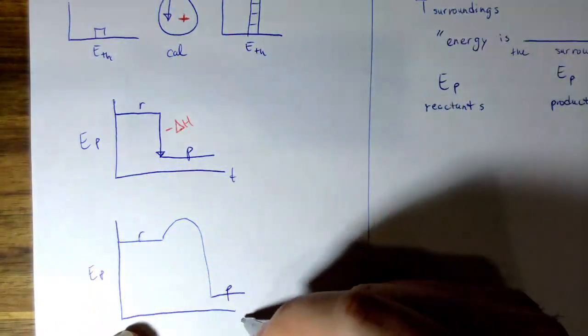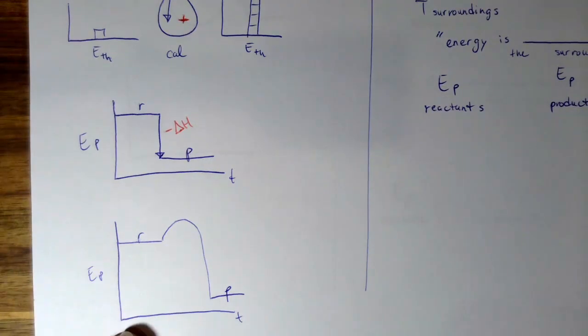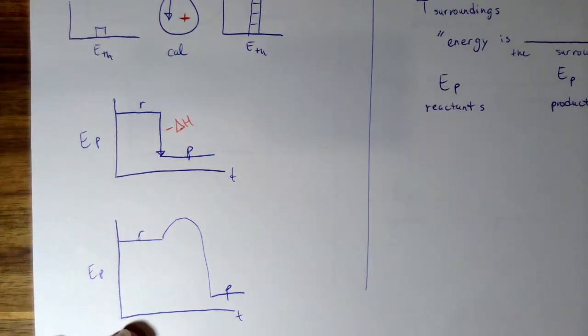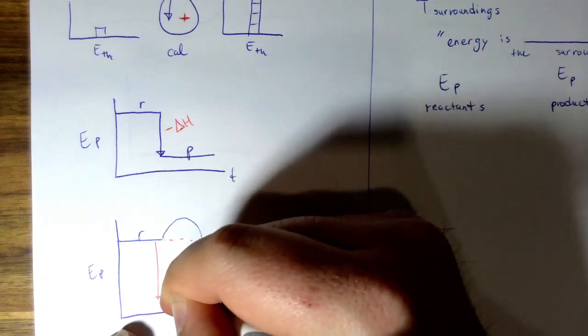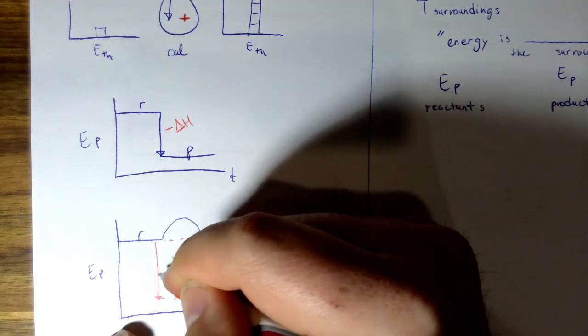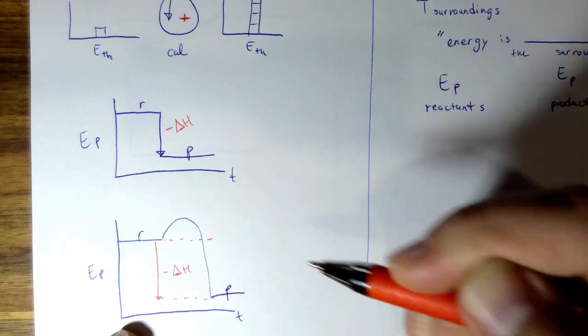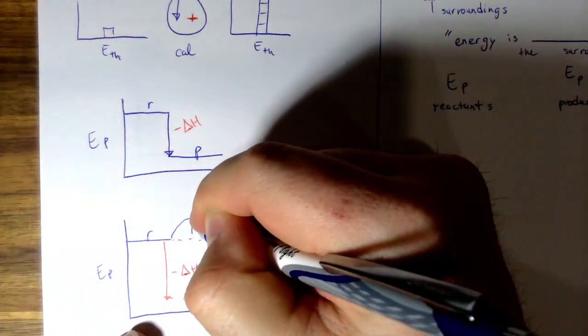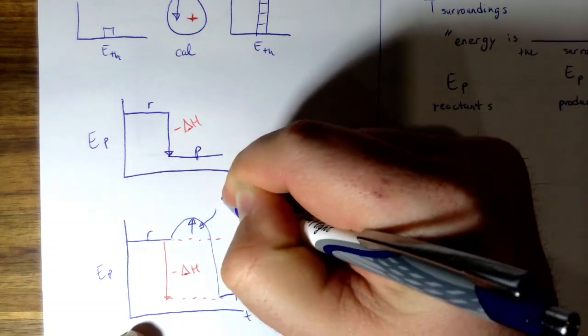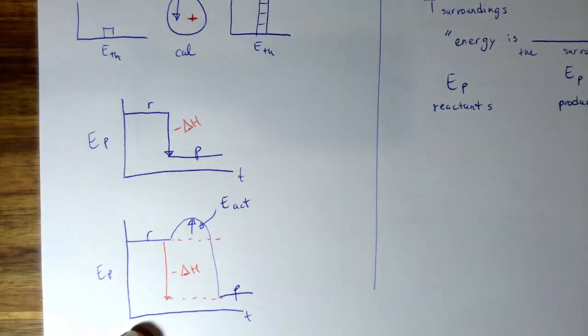These could be my time on my x-axis. So in this case, we can see that from this line, this is still my delta H, and it is still a negative delta H. However, there's this new thing where we recognize that we have to put in activation energy to start a reaction.